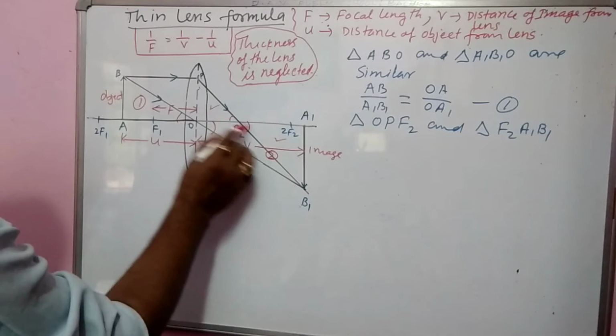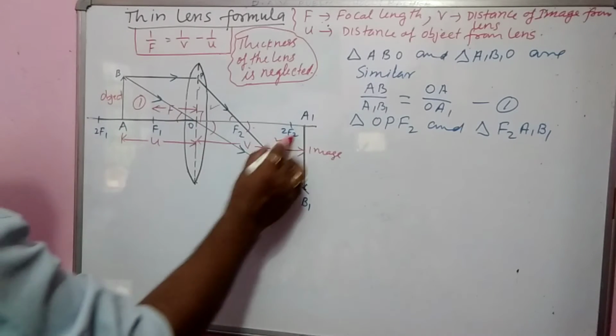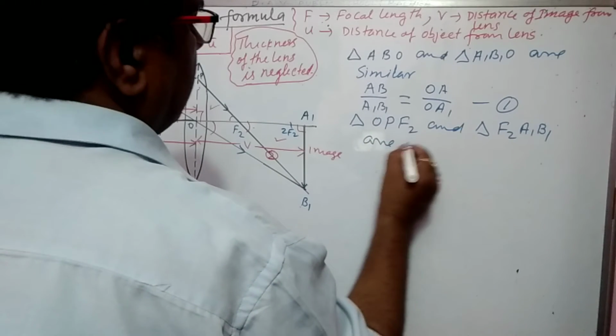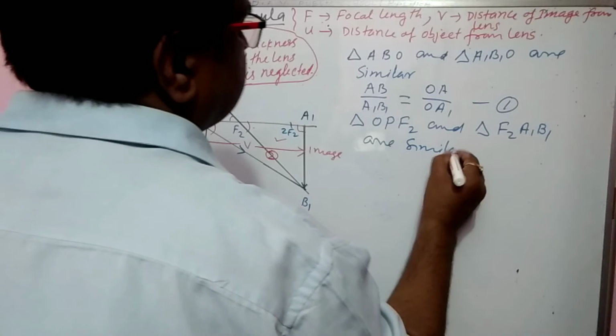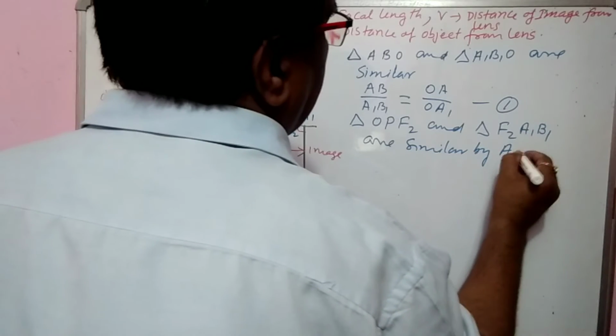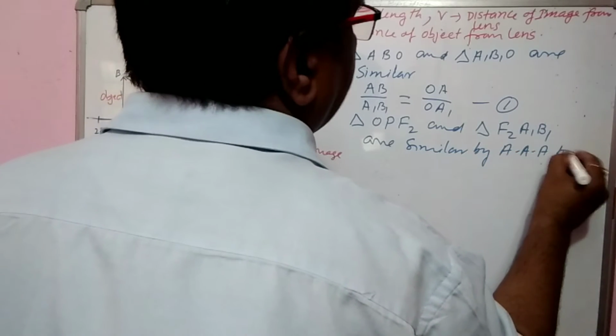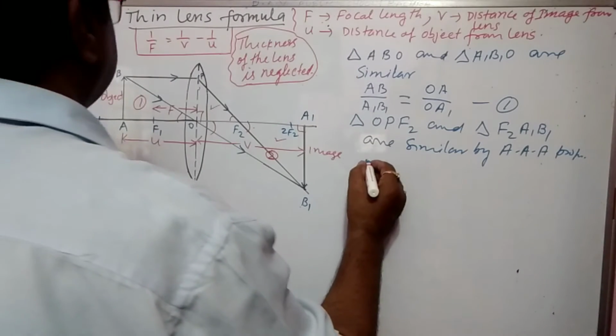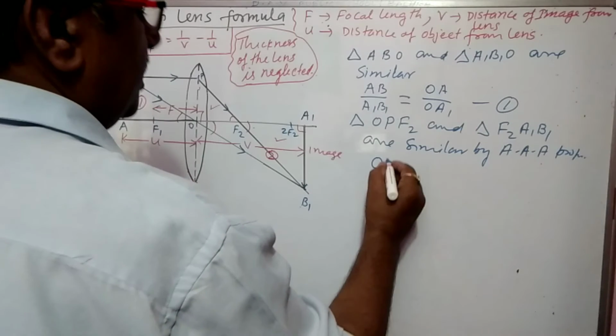Here in this case also, for these two triangles, this angle will be the same. It is 90 degrees. It is 90 degrees. So naturally the third angle will be the same. So by the angle property, both the triangles are again similar, so the sides will also be proportionate.